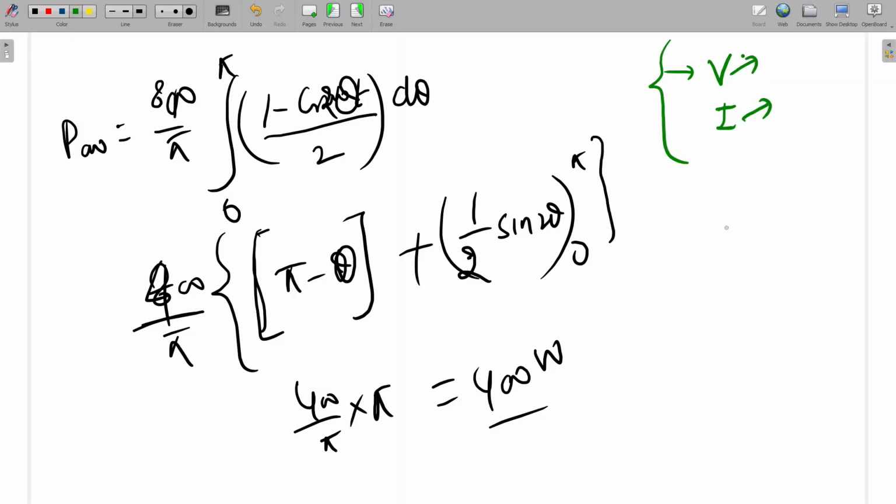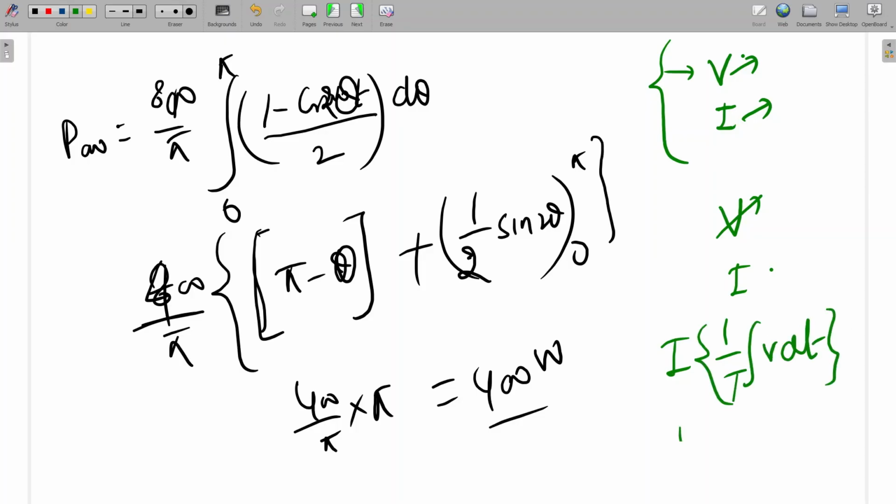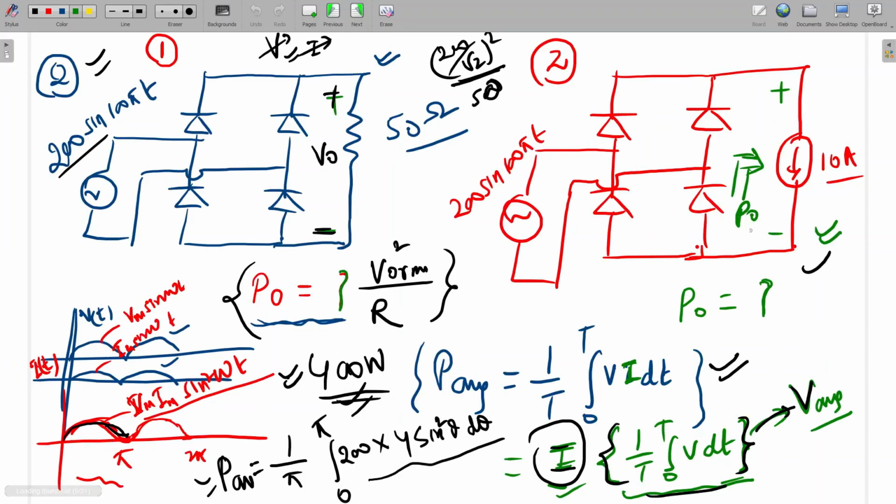If only one is variable, let's say voltage is variable and current is constant, then I comes outside and 1 by T, V dt remains. So this will be I into V average. Now for the second case, can anyone calculate the power? What will be the power value here for the second case?